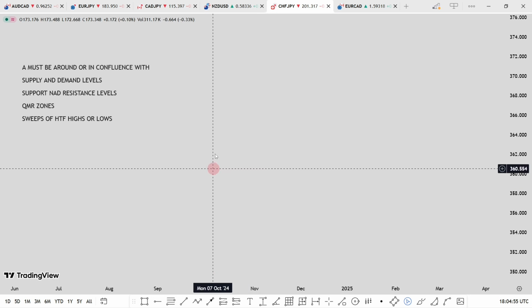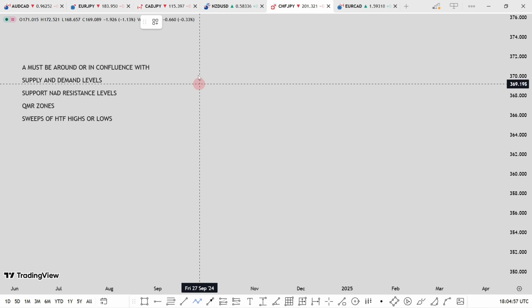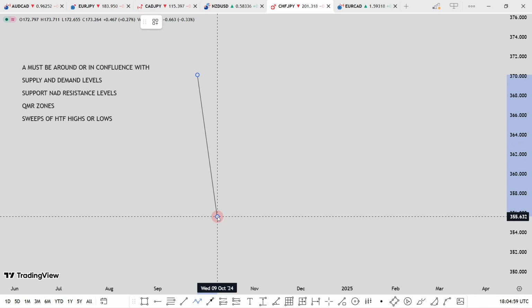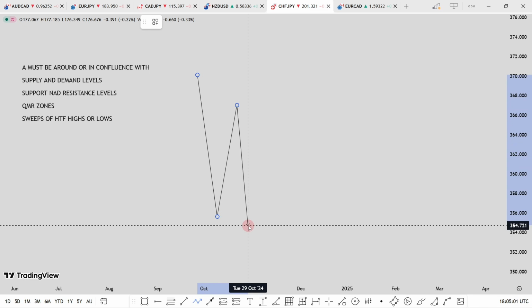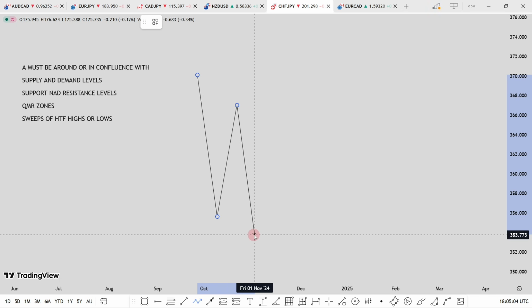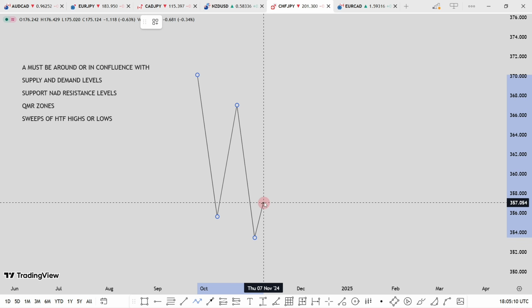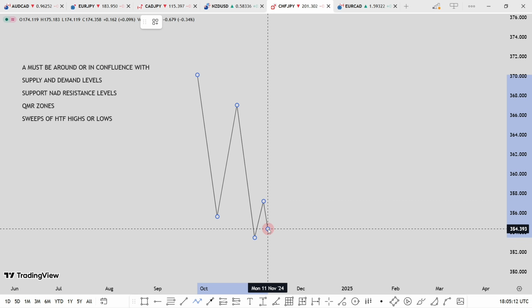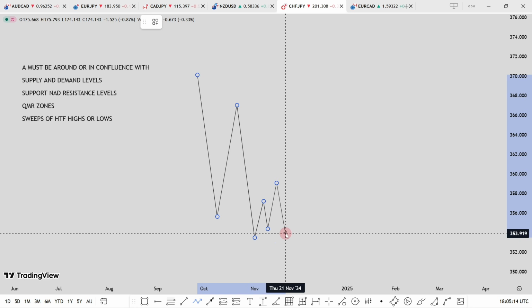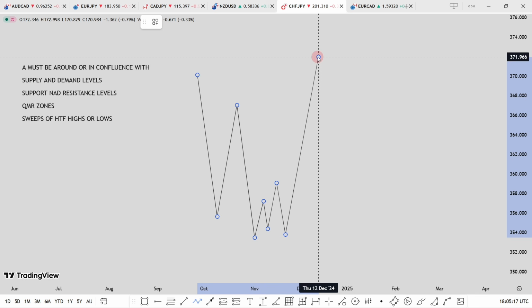So sweeps of higher time frame highs or lows. Let's say on a higher time frame, price has been moving. We have this. In this case, let's say a low was taken, we want to take a long trade. The low was taken. We want to expect the market to print the first L.E model, and then we can take a long trade.